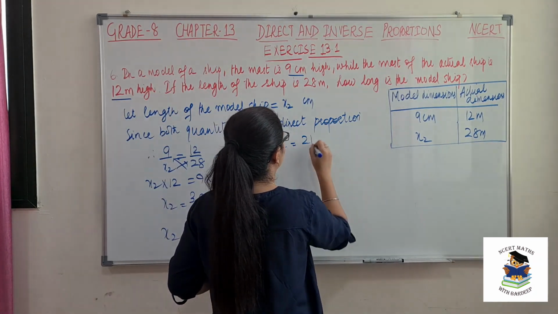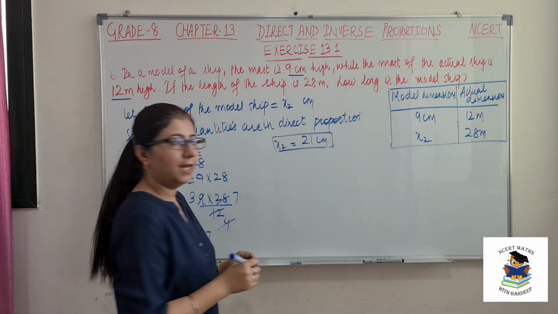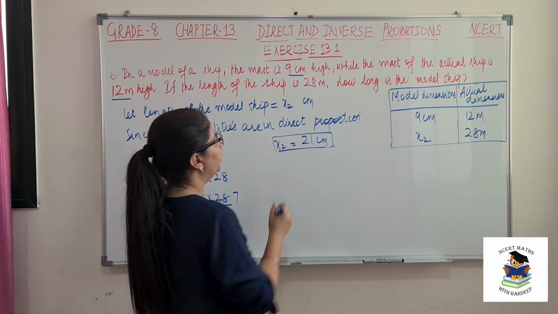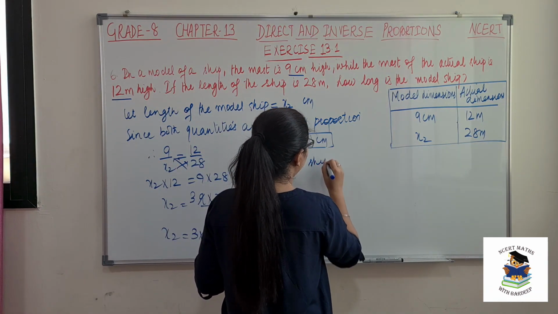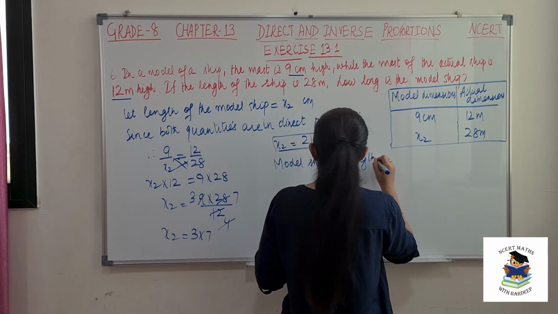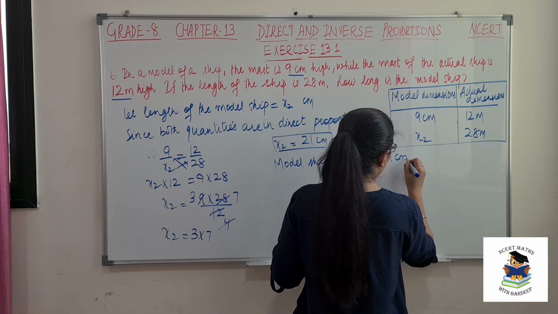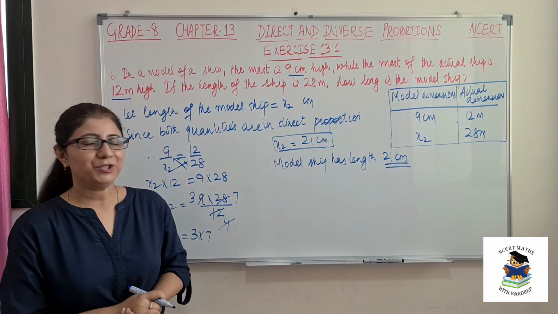So this is equal to 21 centimeter. In the last we will write, model ship has length 21 centimeter. Okay, so I hope this question is clear.